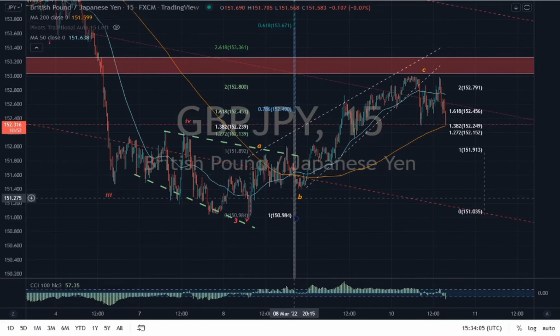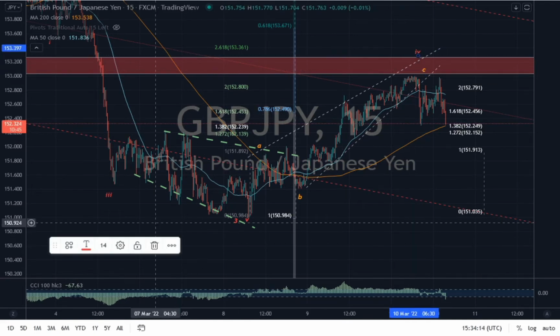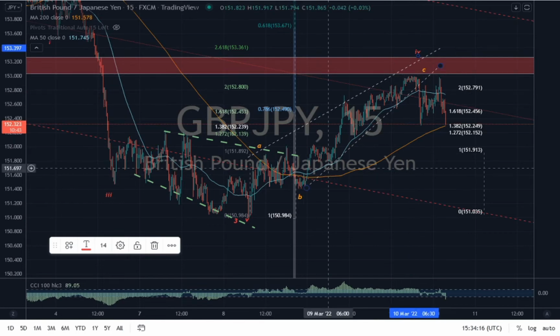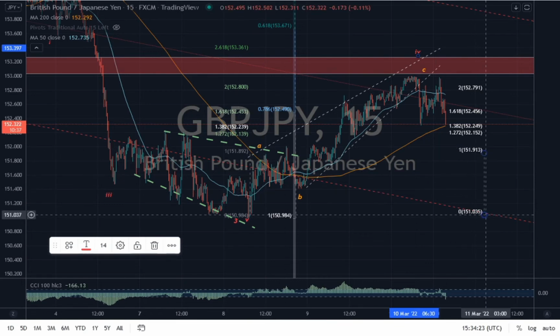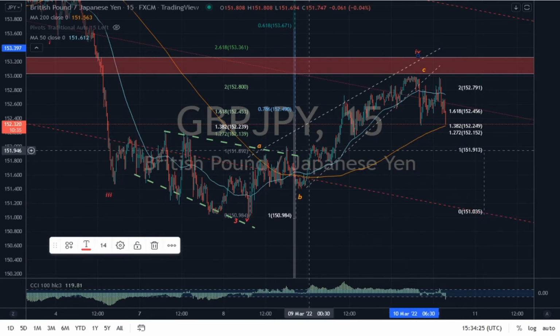Remember, there's an AB, this is a C, this is just a correction. I believe it's a correction degree 4. That full kicks up here, right? So leg C would do 200% of that leg A, and it did this. This is from 0 to leg A ends here or here.